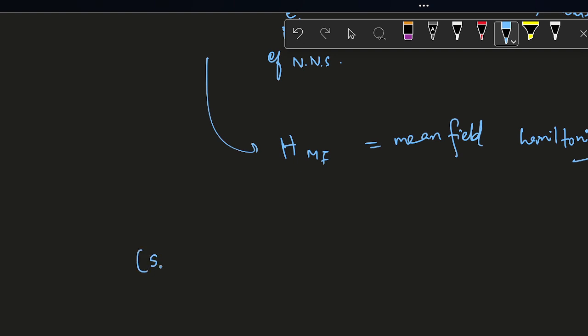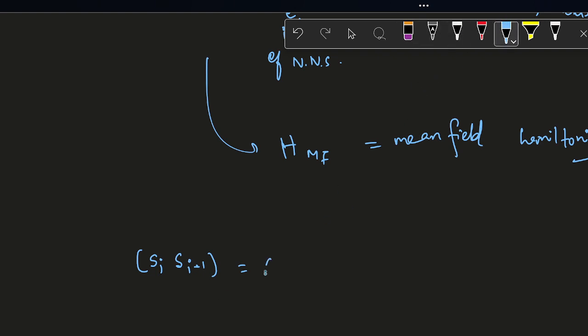So mean field approximation, if you can modify the term S_i S_{i+1} as, let's say, S_i minus m, let me write it down first and then I'll explain what the different terms mean.